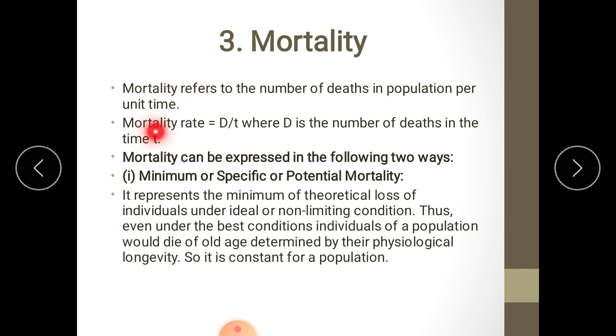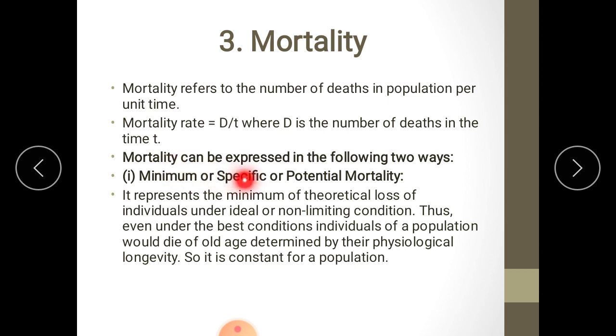Mortality rate can be calculated by using the formula d by t, where d is the number of deaths in the time t. So to get the mortality rate, two factors are important: number one is death number, and number two, time.